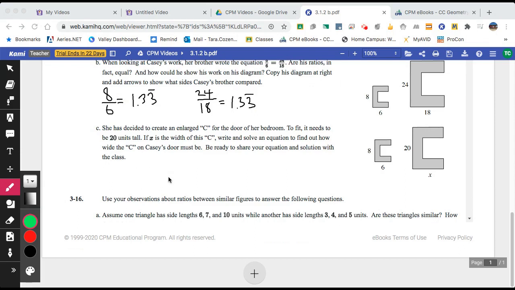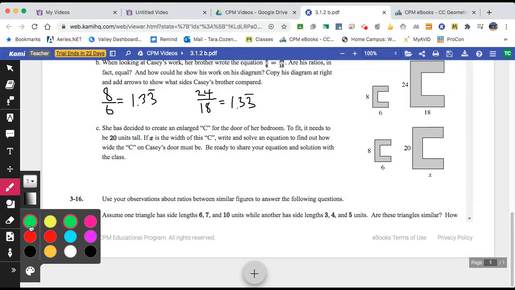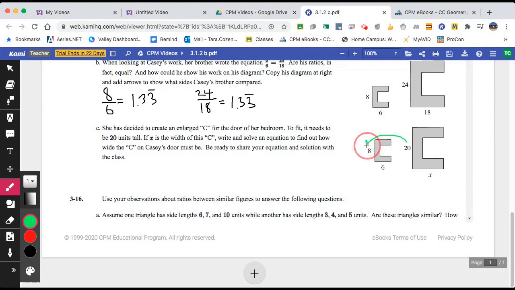So our first set of ratios. I'm going to link those two together. I'm going to put 20 over 8 equals, and then we'll put those two.